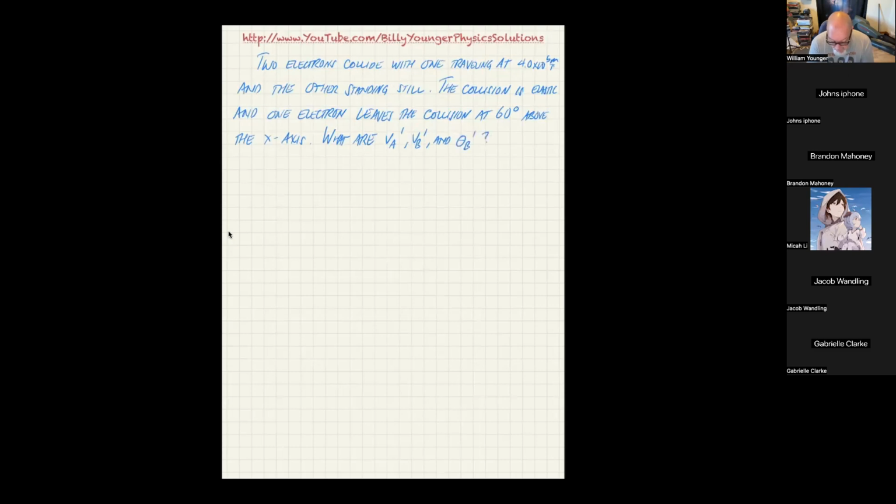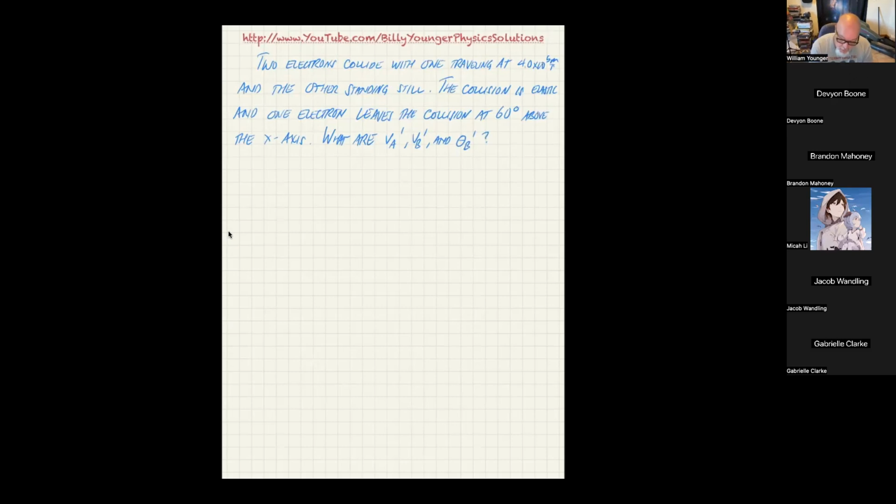And I'm calling it that, but to be honest with you, when the electrons interact like that and then they leave, there's really no way to tell which one went at the positive 60 degrees and which one went whatever direction it went. So it's slightly misleading to say VA is the original one moving and VB was the one that was originally sitting still. But at the end of the day, it doesn't really matter. You just have two electrons leaving, and we're trying to figure out all the speeds.